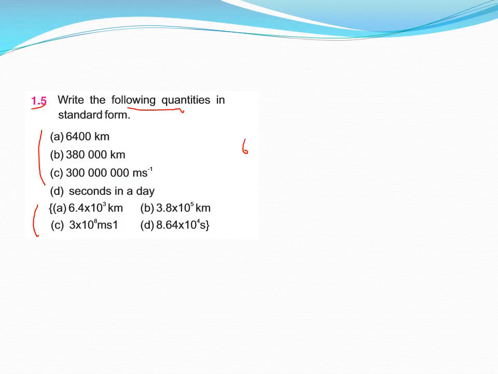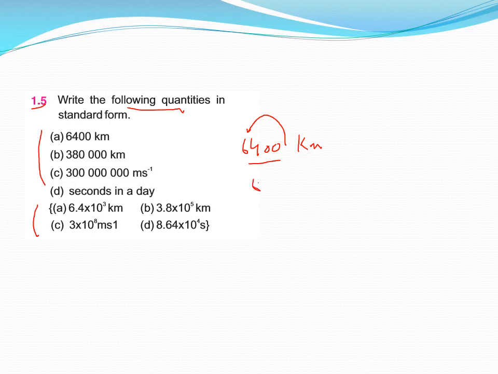The first part is 6400 kilometer, and this 6400 we have to change into scientific notation. The point lies at the end, so it is shifted by moving 3 places towards the left.